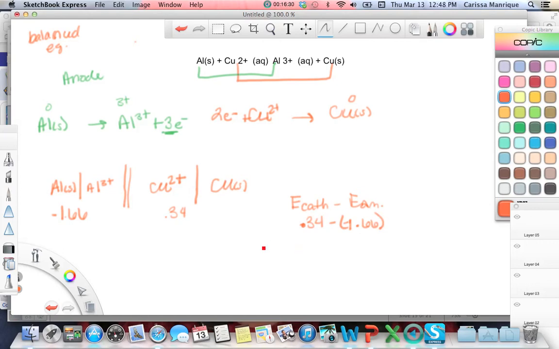So 0.34 minus the negative 1.66. Oops, it did not like that. We're going to get 2. Anytime these come out positive, that means it's producing electricity, and that means it's spontaneous. Okay, so I hope this helps you to figure out how to calculate the standard cell potential.